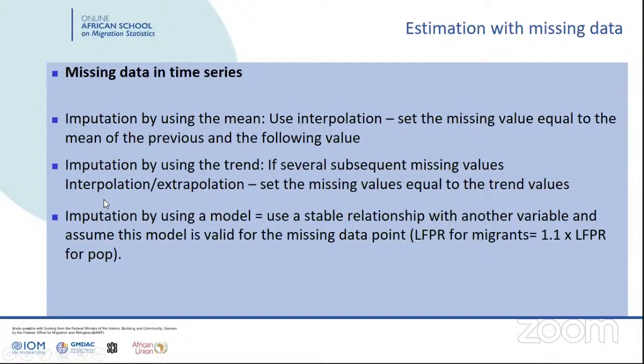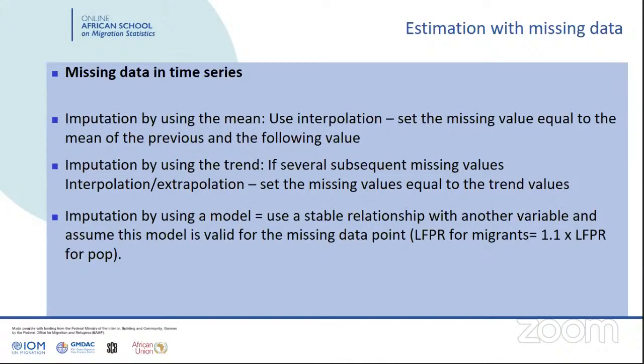That is one way. Another way is we may have several missing values. We are missing the values for 2014 and 15 and 16. What can we do?